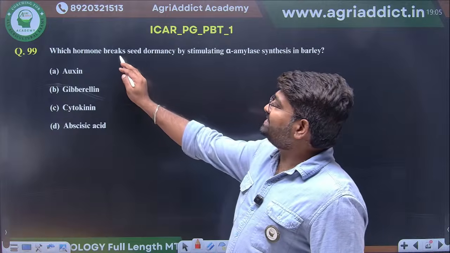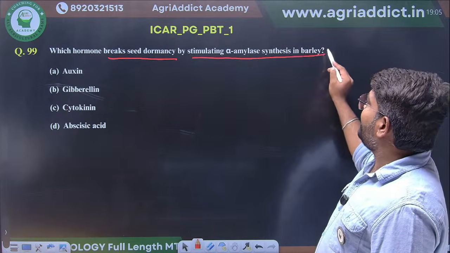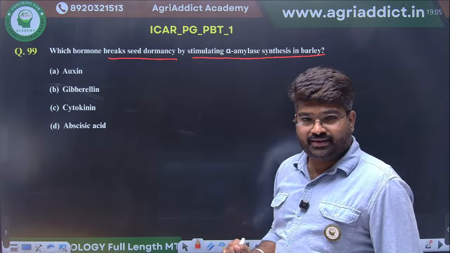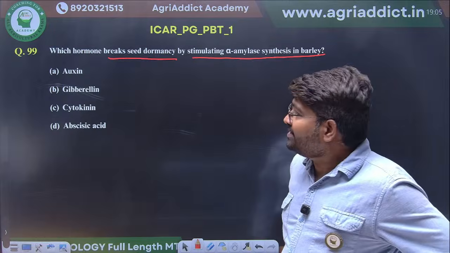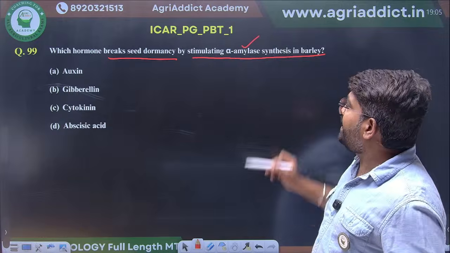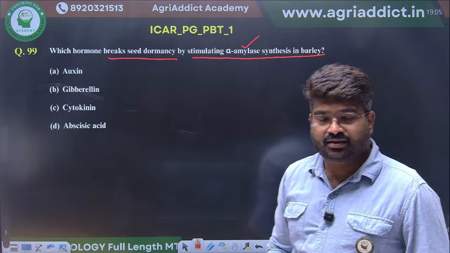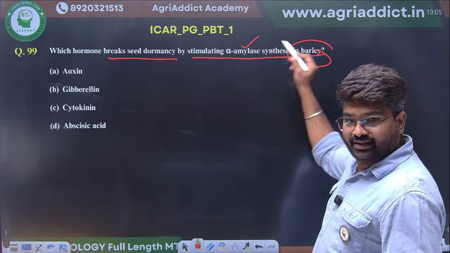Next question. Which hormone breaks seed dormancy by stimulating alpha amylase enzyme activity in barley? Students respond. Which one is breaking the dormancy by stimulating alpha amylase synthesis in barley?